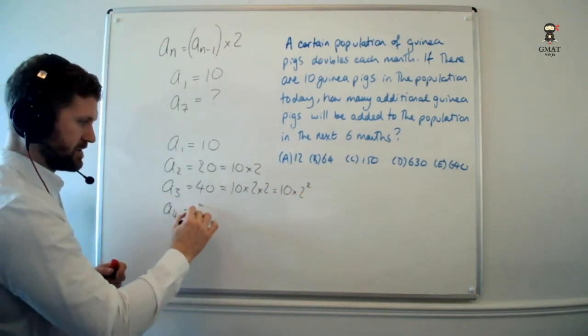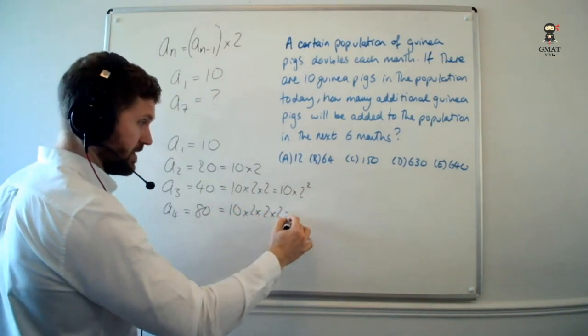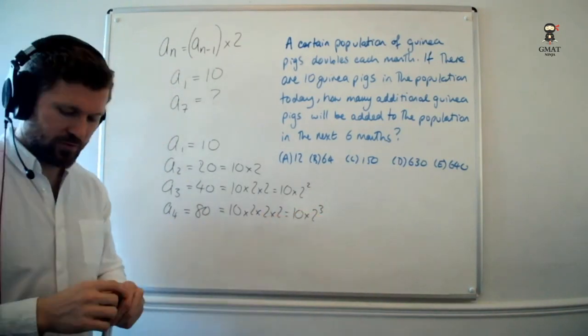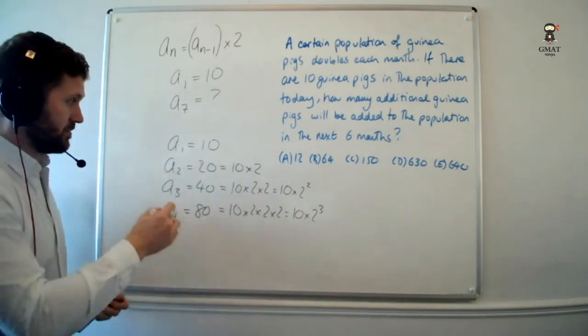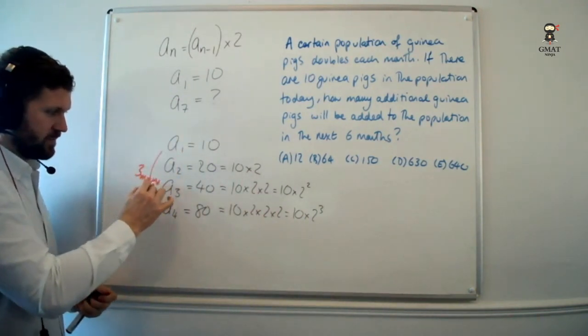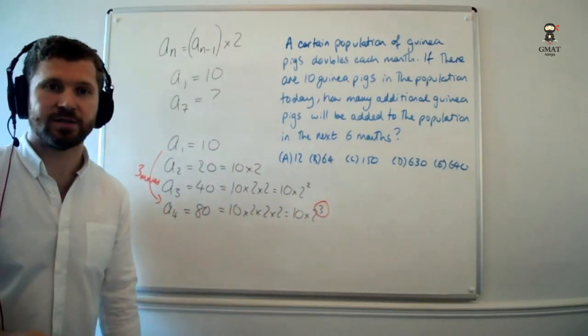One more of these and we'd get to 80, or 10 times 2 times 2 times 2, or 10 times 2 cubed. Okay, so again, we're looking at how many moves I made. In a sequences question, how many jumps did I go? So A1 to A4, I had to make 3 moves, and that matches up with the power of 2 in this case.